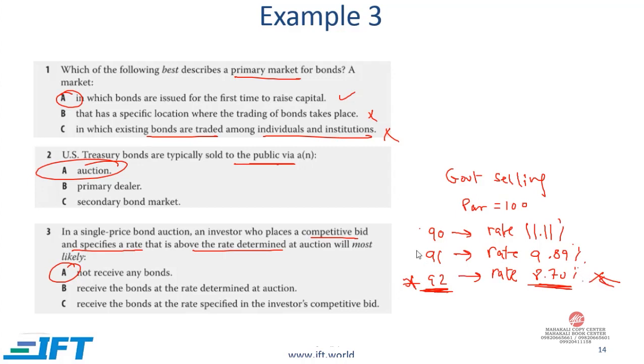Let's say that up to this price and the corresponding rate, all the bonds that the government wants to issue can be issued. In other words, up till this level, the demand and supply match. What that means is, if another investor comes in and says that they are willing to pay 90, which corresponds to this relatively high rate, then that investor will not get anything. And that's why if a competitive bid specifies a rate that is above the rate determined by the auction, then the investor will not receive any bonds.